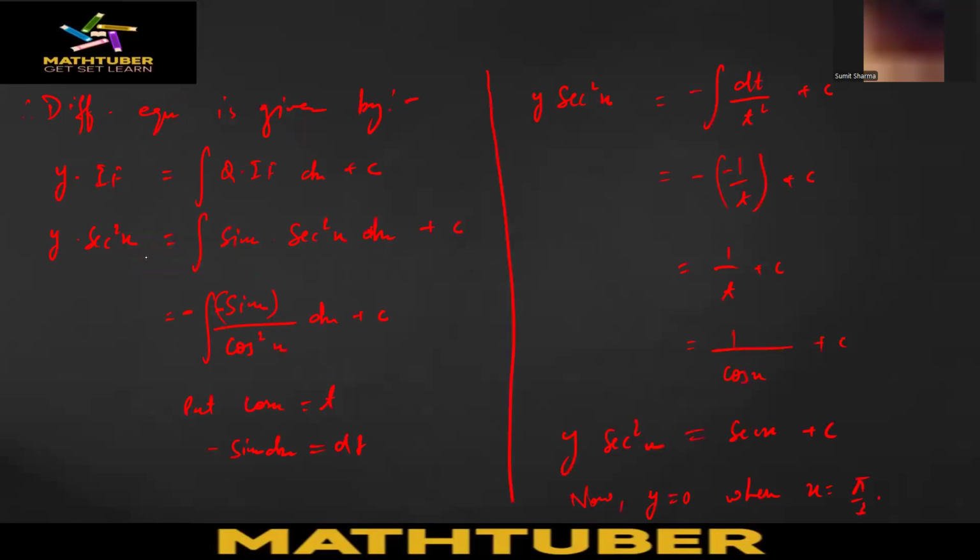Sec pi by 3, we know that its value is 2. So c will be minus 2 from here, and therefore the equation is given by y sec square x is equal to sec x minus 2, and this will be the answer, right?